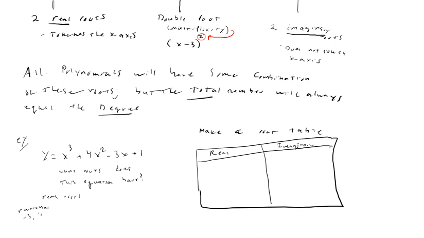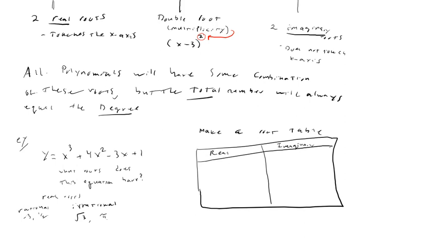And you can also have irrational roots. Let me write that word a little bit bigger. Irrational, where you can have things like the square root of 3 or pi. Maybe your function crosses at pi. I don't know.